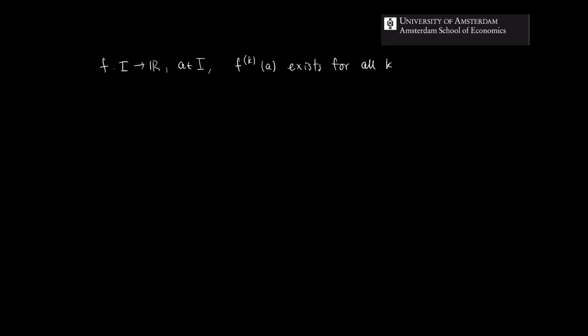So this is the basic assumption. We have this function defined on an open interval, a inside this open interval, and we know that the kth order derivative at a exists for all k.